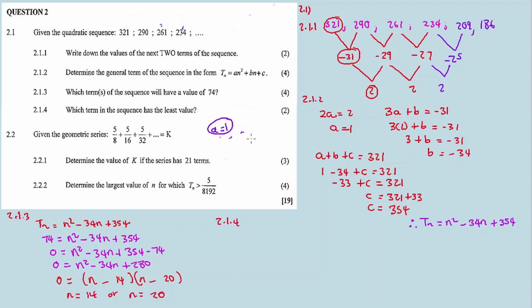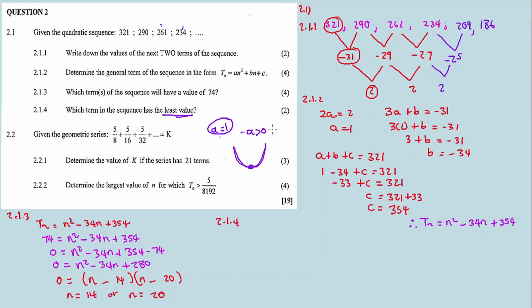Also when you plot the parabolic graph, if a is greater than 0, you get a smiley face, or concave up. So if a is greater than 0, you get a minimum turning point. The least value here is in fact the turning point.